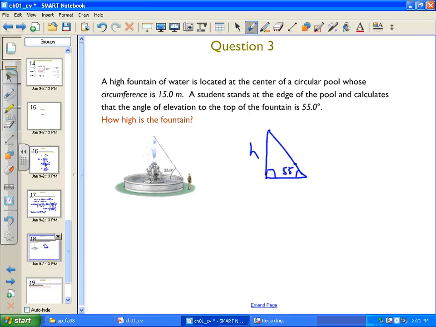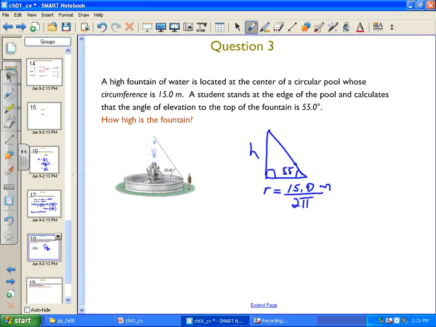We are told that the circumference is 15 meters, and because we know that the circumference is equal to 2 pi r, 15 meters equals 2 pi r, and therefore r equals 15 meters divided by 2 pi.